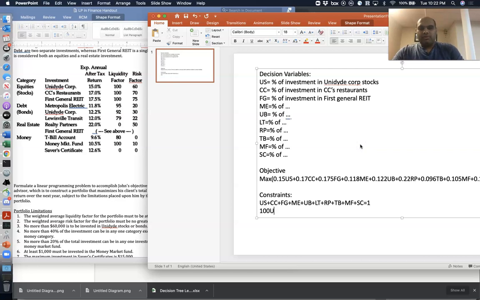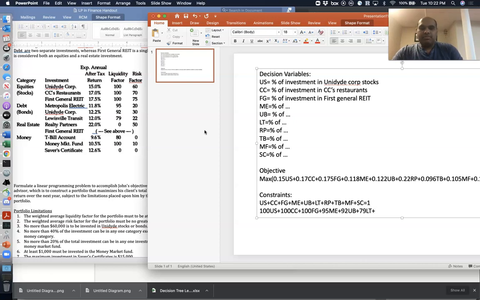So liquidity factor is 100 times US plus 100 times CC plus 100 times FG. Those are the liquidity factors for the stocks, plus 95 times Metropolitan Electric, plus 92 times United Bonds, plus 79 times Louisville Transit, plus 0.